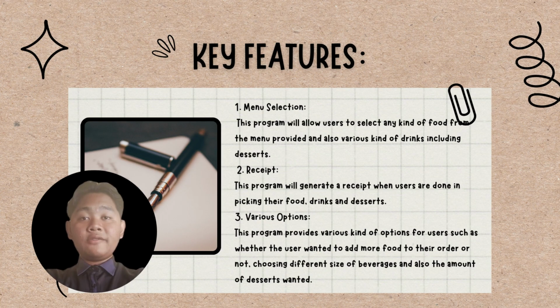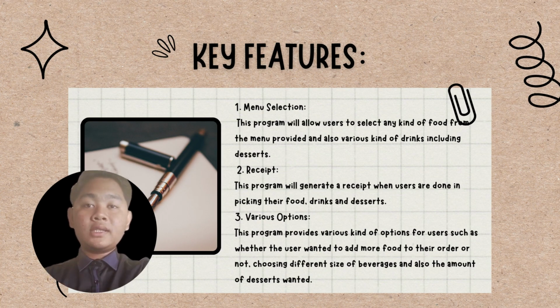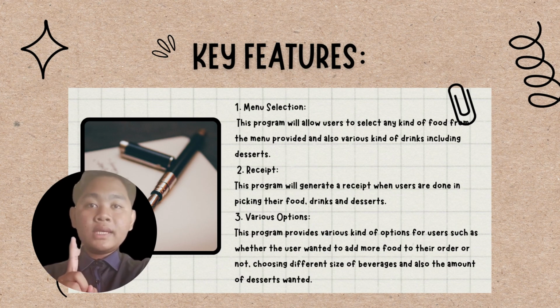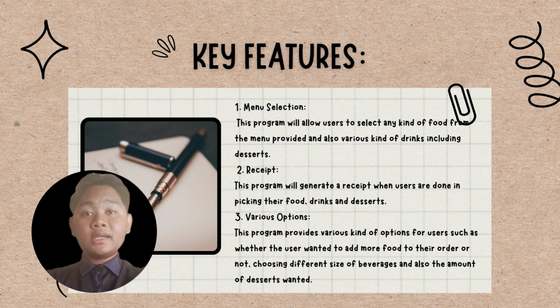For the features of our program, we decided to make 3 features, which is menu selection, receipt, and various options. For menu selection, this program will allow users to select any kind of food from the menu provided and also various kind of drinks, including dessert.